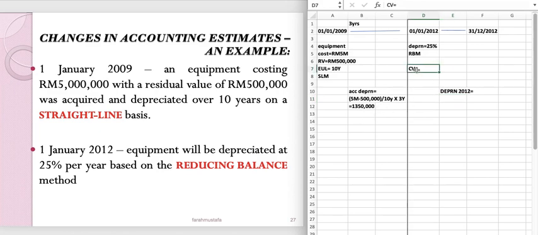So the carrying value would be 5 million minus the accumulated depreciation.